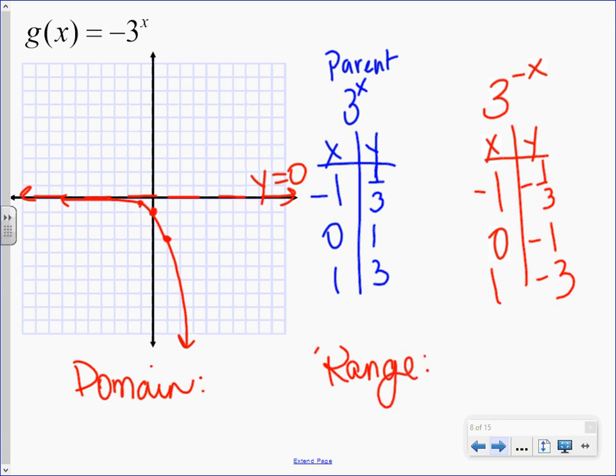Okay, so the domain, like I said earlier, is always going to be all real numbers, but our range, because we have a transformation, could be different, not always, but in this case, our range would be different. Where do we have y values?